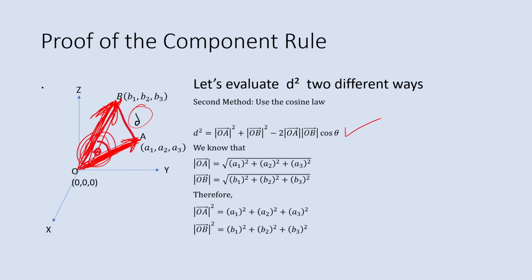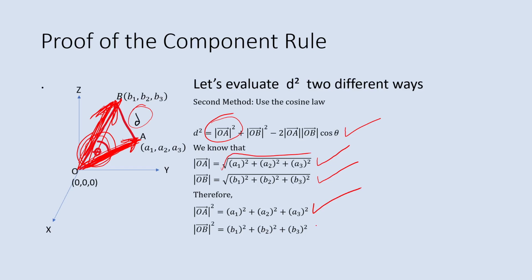Well, we know the magnitude of the vector OA will be the square root of a1 squared plus a2 squared plus a3 squared. And the magnitude of the vector OB will be the square root of b1 squared plus b2 squared plus b3 squared. So the formula calls for the magnitude of OA quantity squared, though, so we can just get rid of that square root. And the magnitude of OA quantity squared is a1 squared plus a2 squared plus a3 squared.